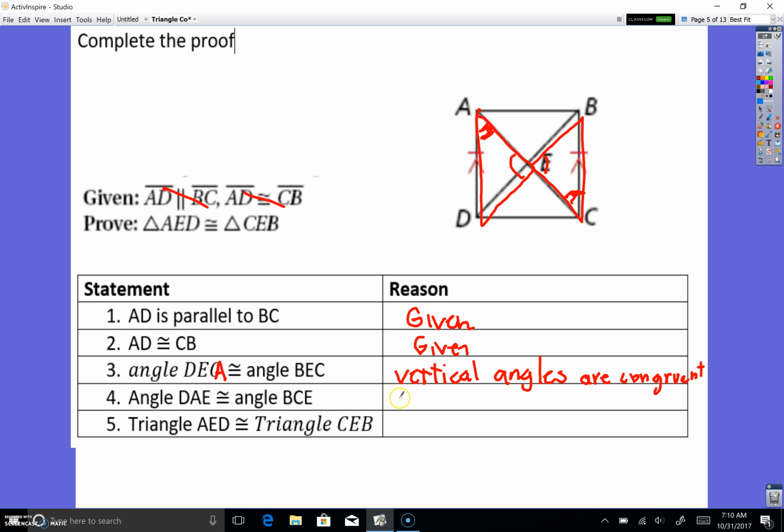For this one we say alternate interior angles are congruent. I don't want you to abbreviate.